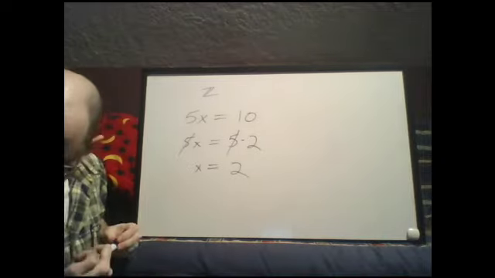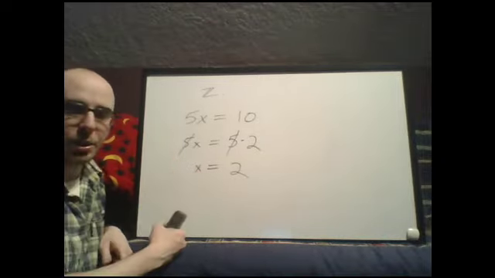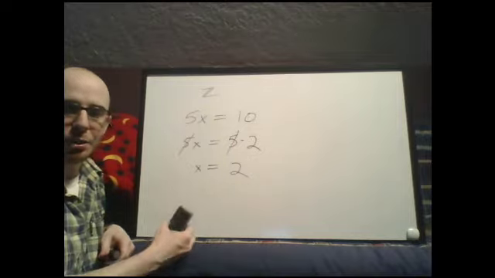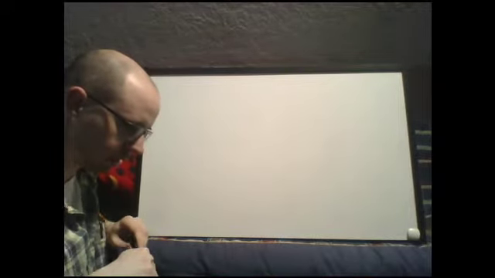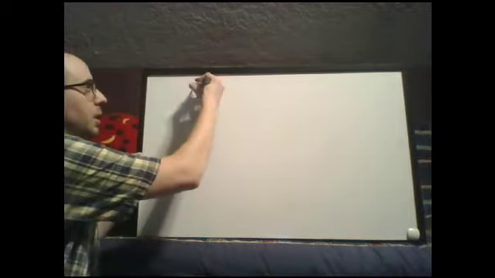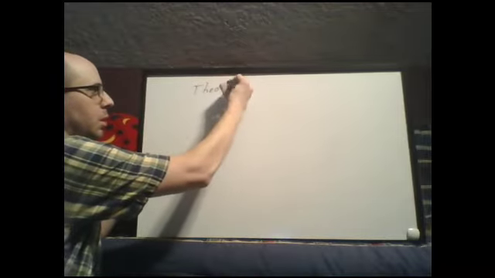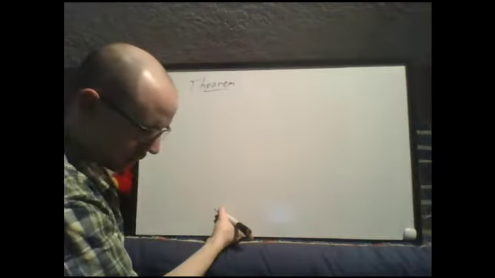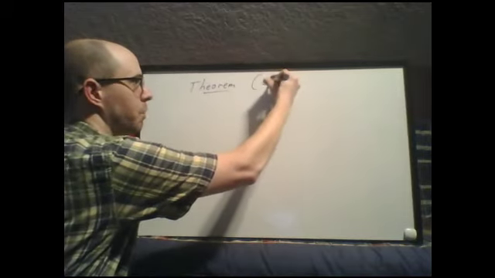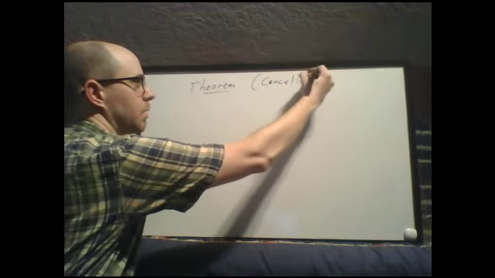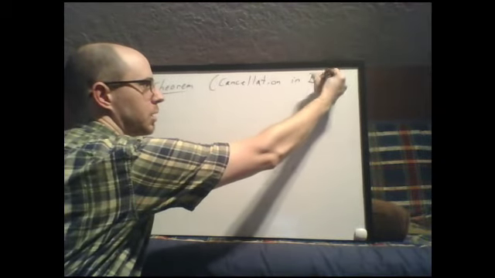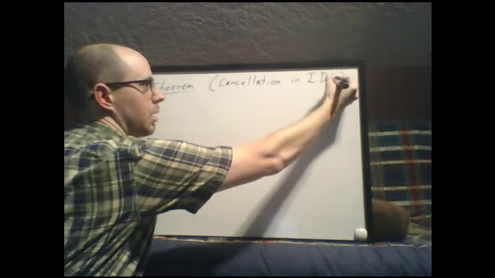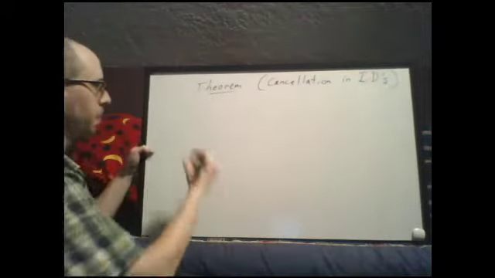Okay. So what allows me to cancel is the fact that Z is an integral domain, as we'll prove with the next theorem. And this will be the last thing in this video. I'll continue integral domain stuff in the next video. So this is the cancellation property in integral domains, IDs.